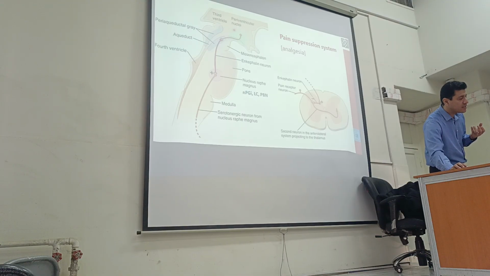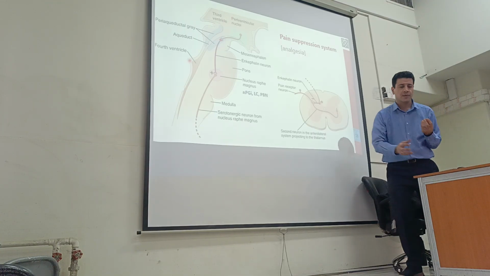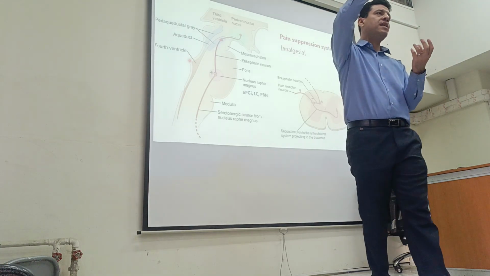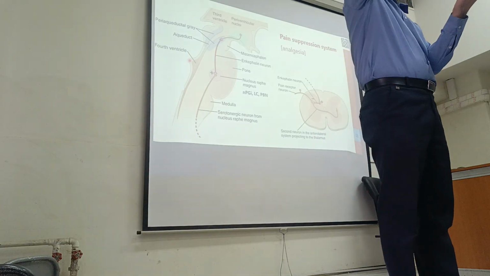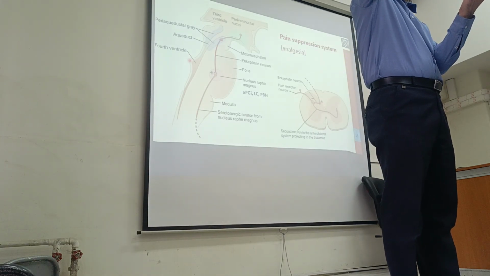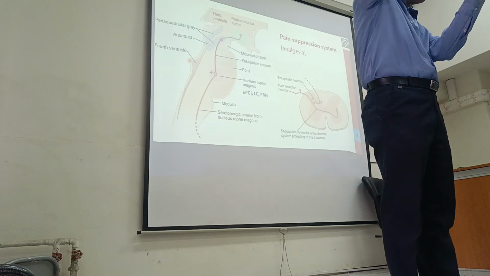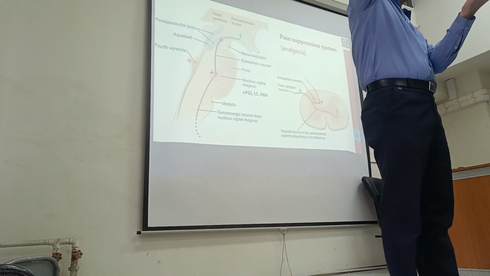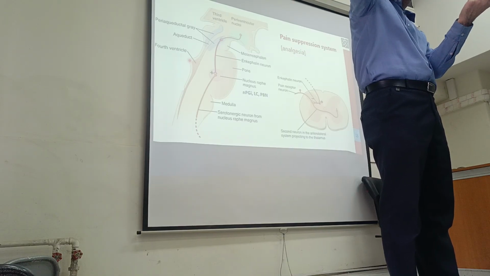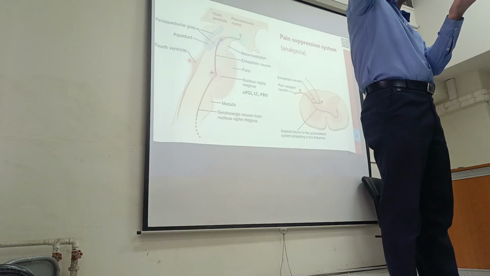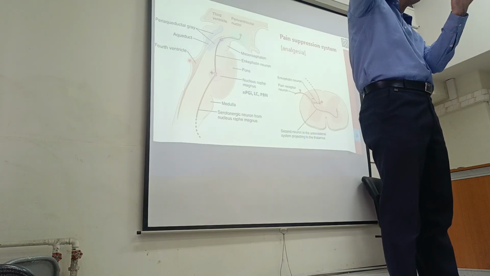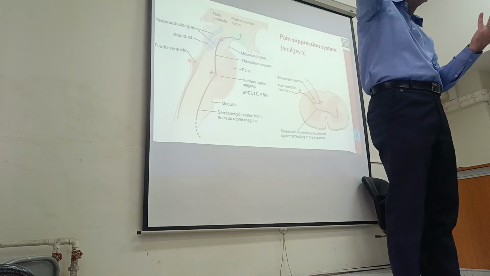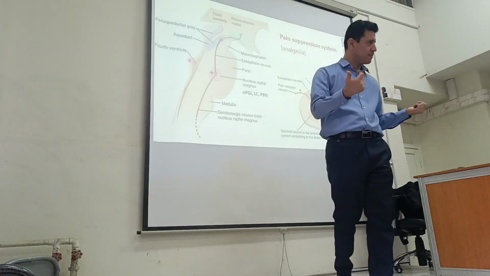It's a connection between the third ventricle and fourth ventricle. So inside the ventricle we have CSF, right? CSF from the third ventricle can go through this aqueduct to the fourth ventricle. Around this aqueduct, we have gray matter, right? That's why we call this periaqueductal gray matter, so PAG. So that's the name of this area, right?